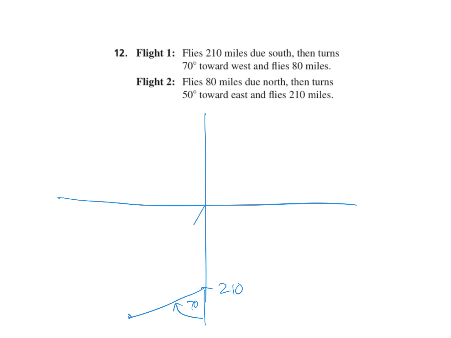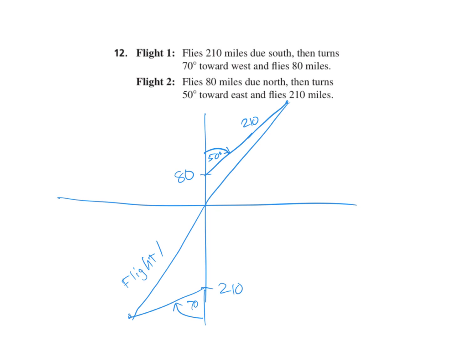All right, so that's where flight 1 is. Now flight 2, 80 miles due north, then turns 50 degrees to the east, and flies for 210 miles.